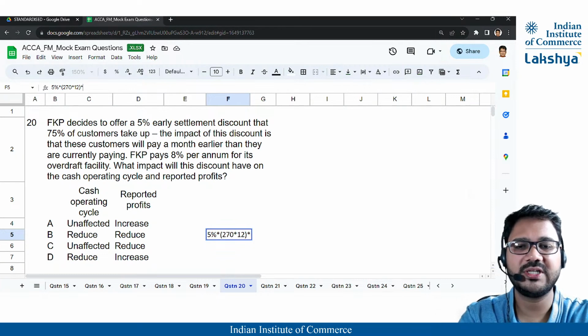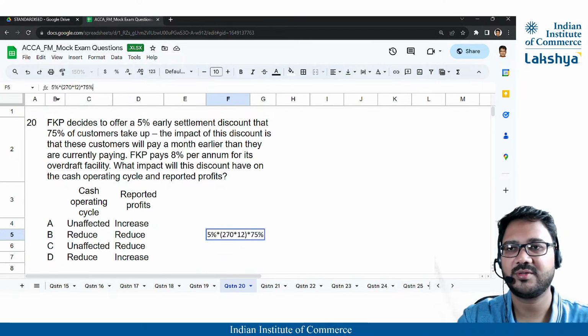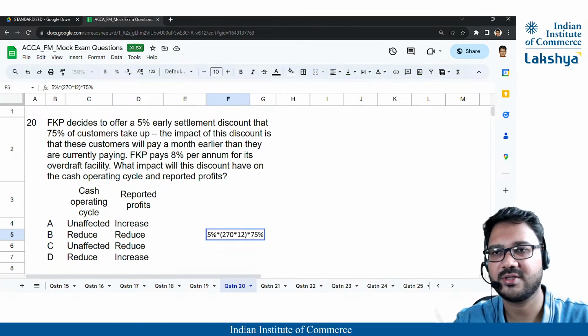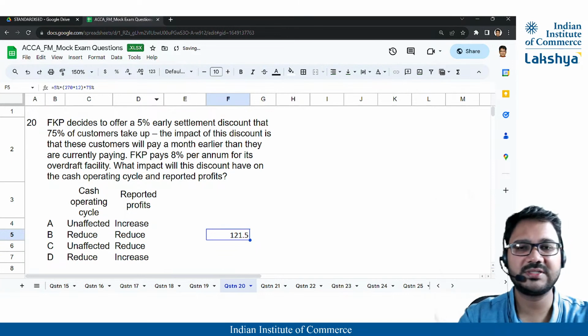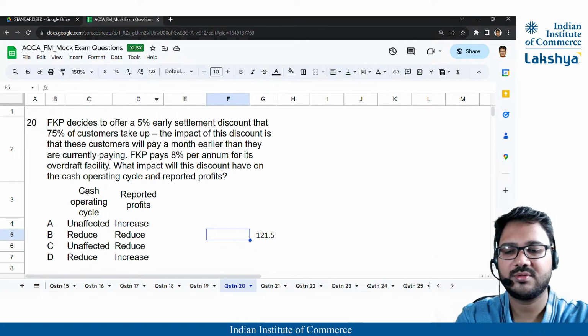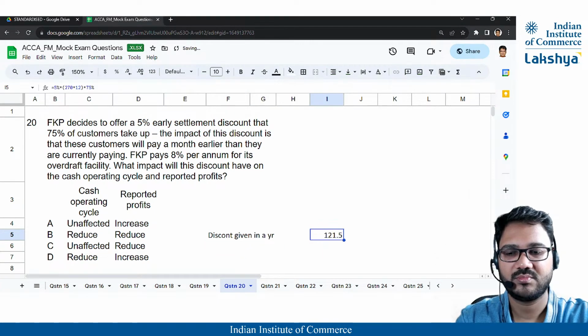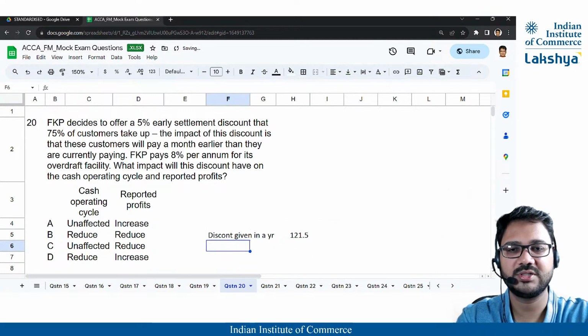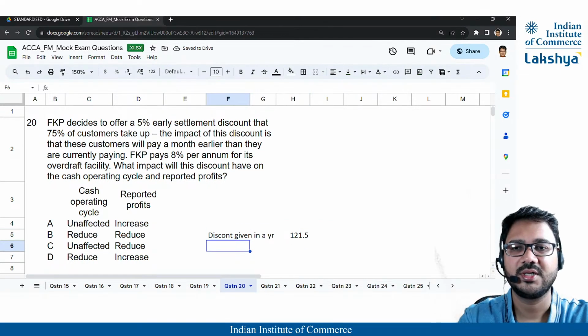Now, only 75% of the people are going to take this. Let me put the equals sign at the beginning. So this much, $121.5 thousand, is the discount given in a year.